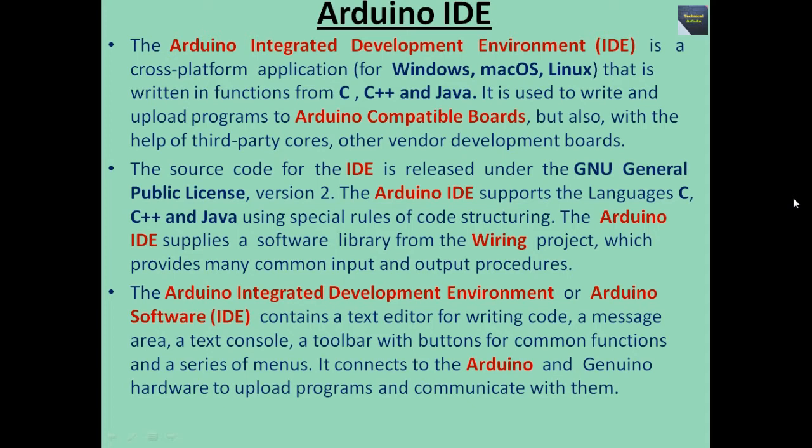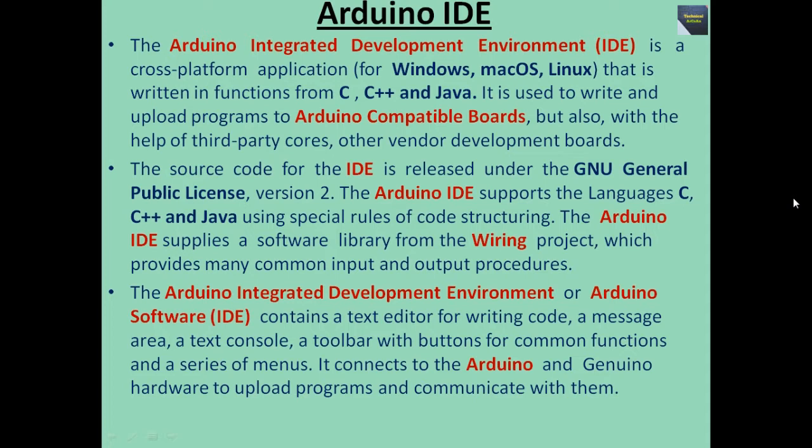The Arduino IDE supplies a software library from the Wiring project, which provides many common input and output procedures. Okay, the Arduino Integrated Development Environment or Arduino Software IDE contains a text editor for writing code, a message area, a text console, a toolbar with buttons for common functions, and a series of menus, right?